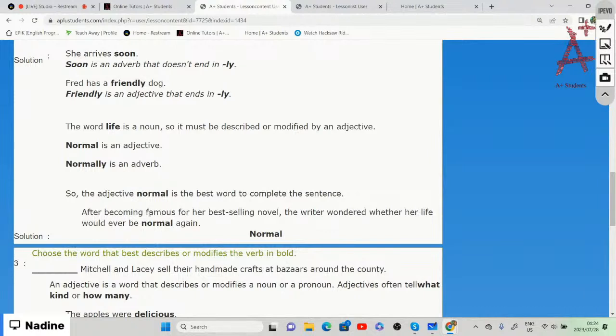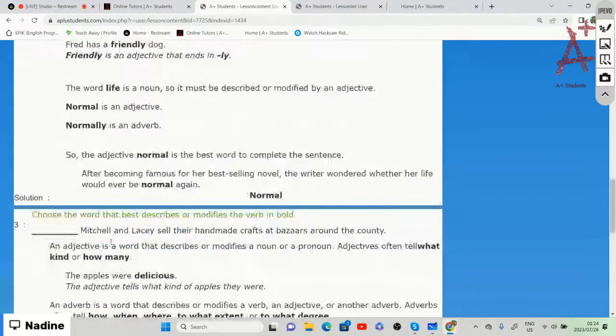After becoming famous for her best selling novel, the writer wondered whether her life would ever be normal again. So normal is the adjective that modifies the noun. Not normally, because normally is an adverb.